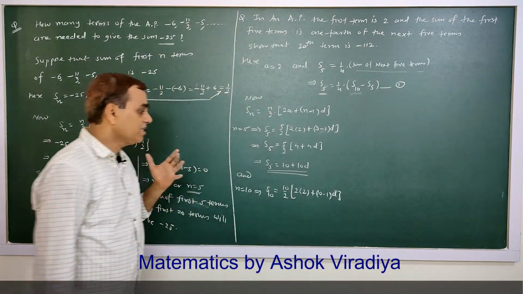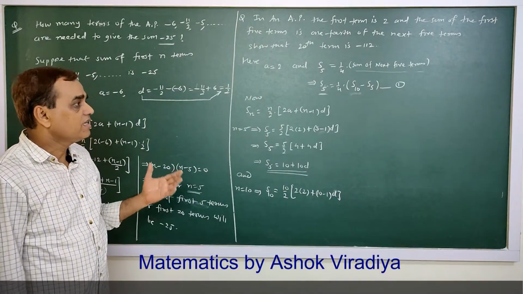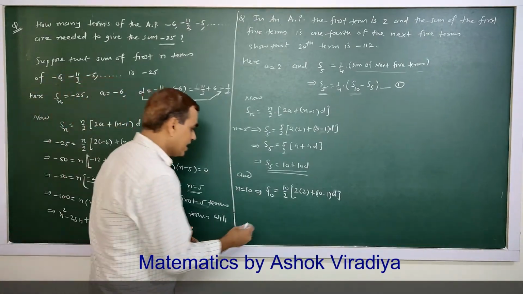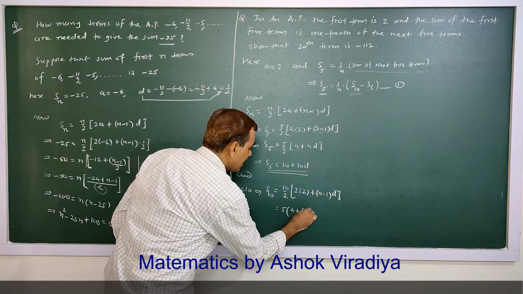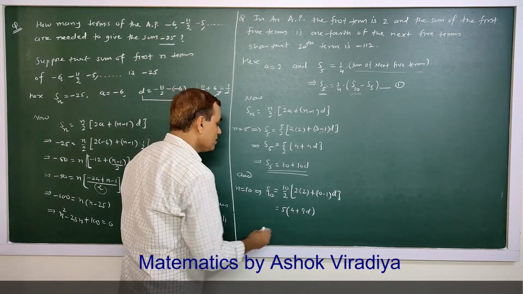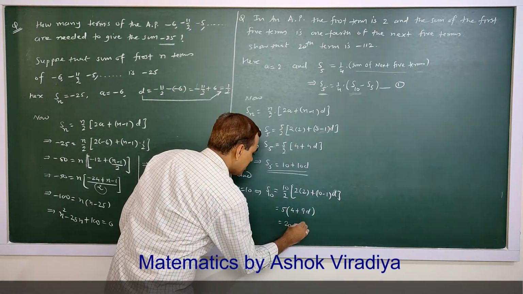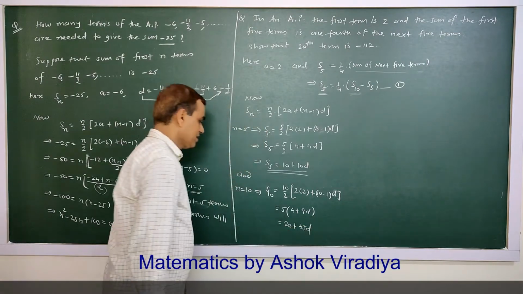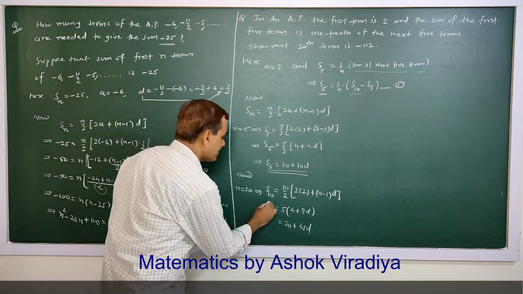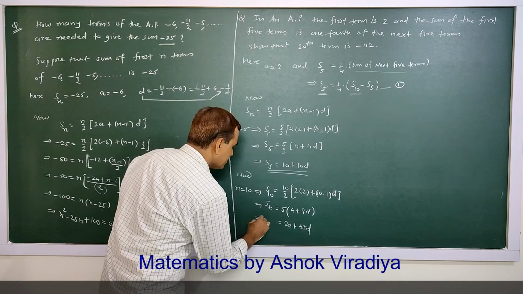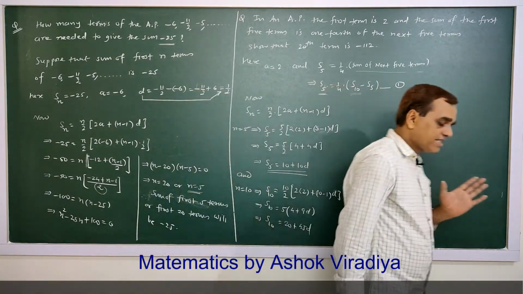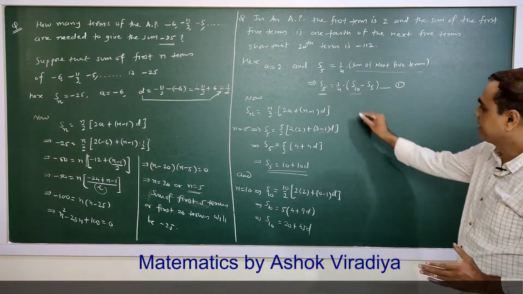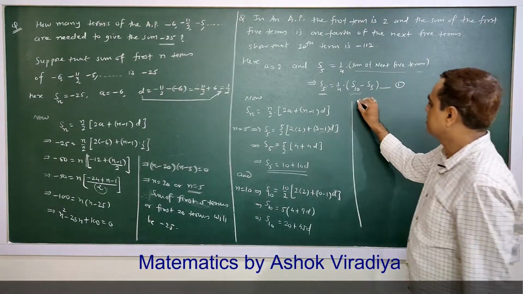Taking a as 2, this is 5 into 4 plus 9d, that is 20 plus 45d. This is S10. Now we put the values of S5 and S10 in equation 1.